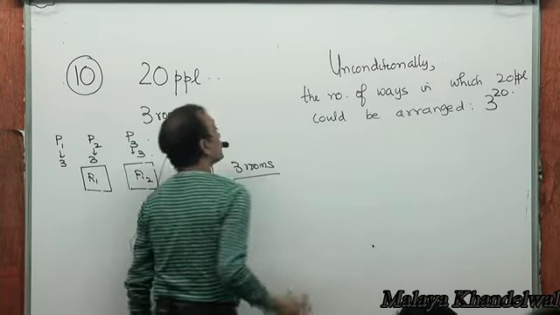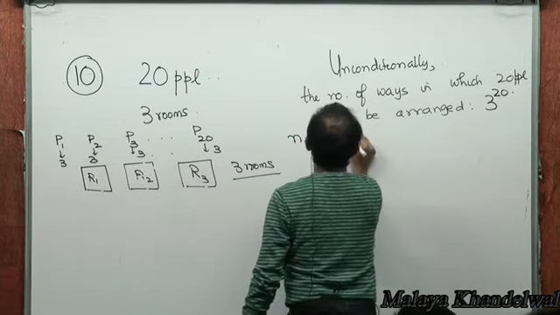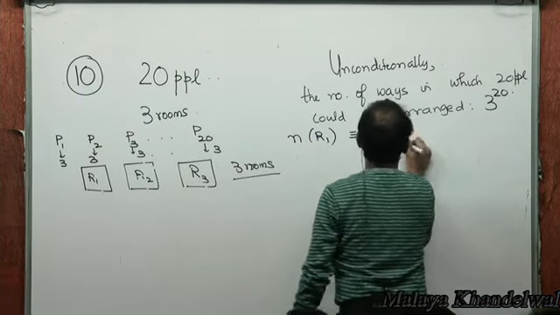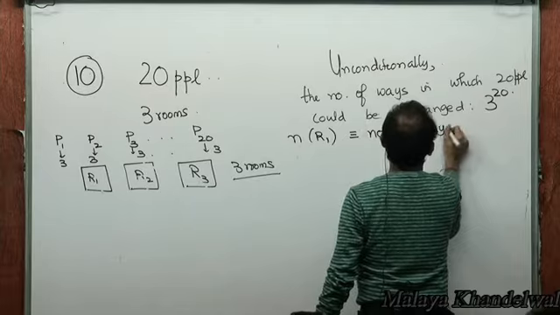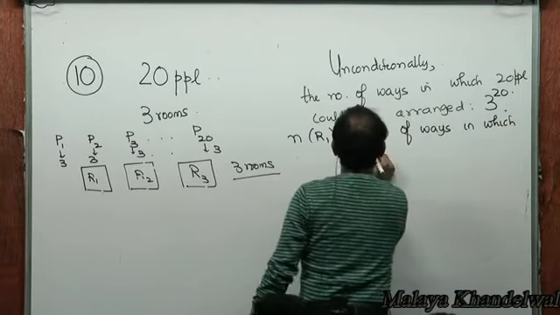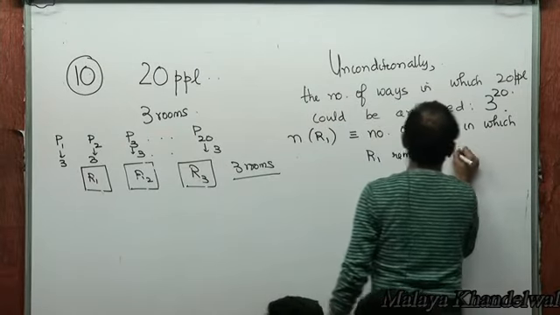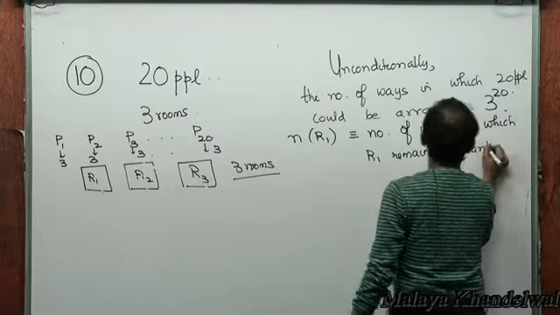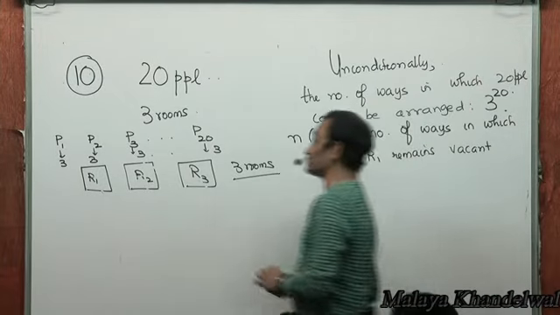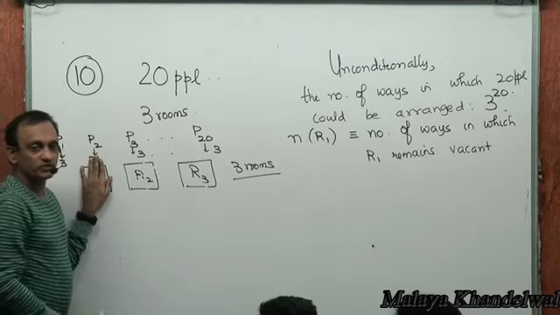Now, suppose NR1 represents the number of ways in which R1 remains empty. Number of ways in which R1 remains vacant, for example. That means now P1 could go to any one of the 2 rooms.